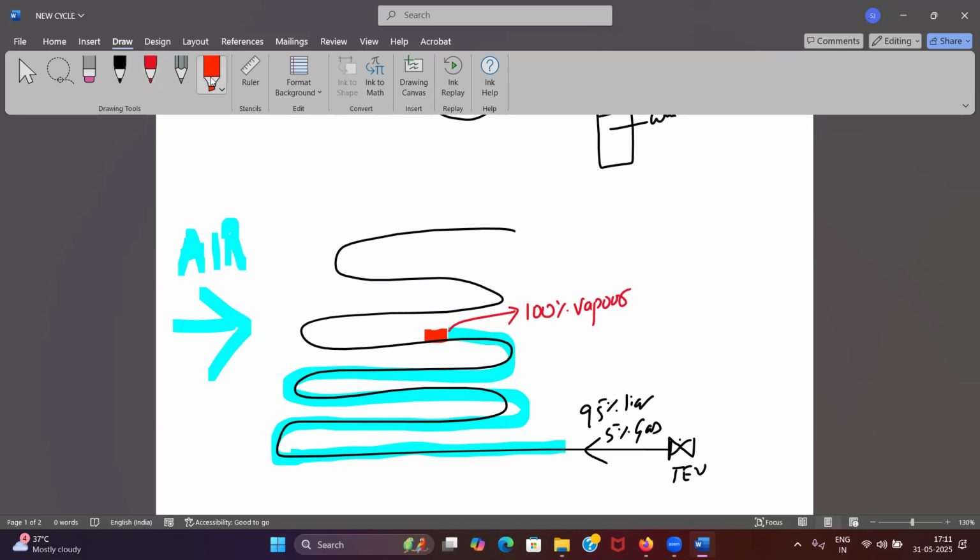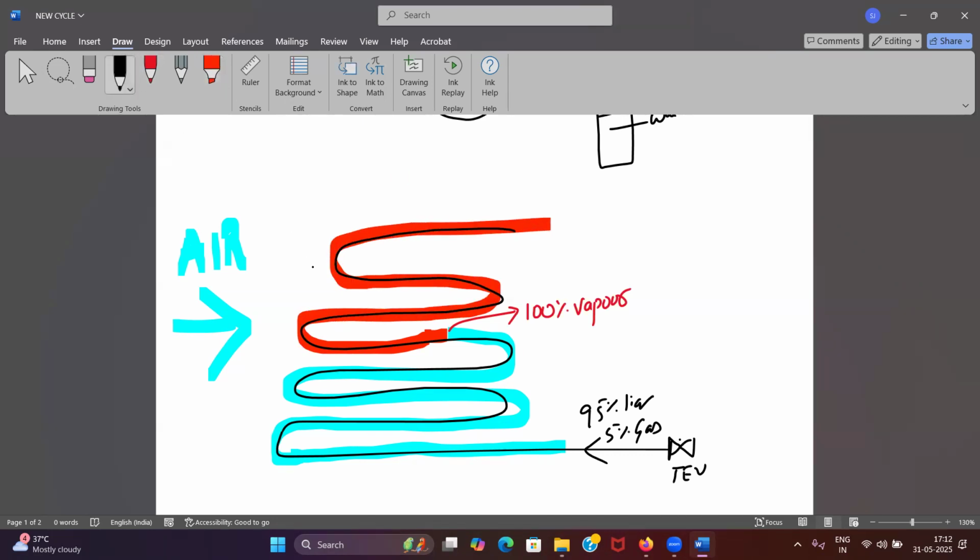It has already done so much heat exchange that it has changed to vapors, isn't it? Now, whatever remaining part of my evaporator coil is there, that will also do heat exchange. It is still less than your room temperature.